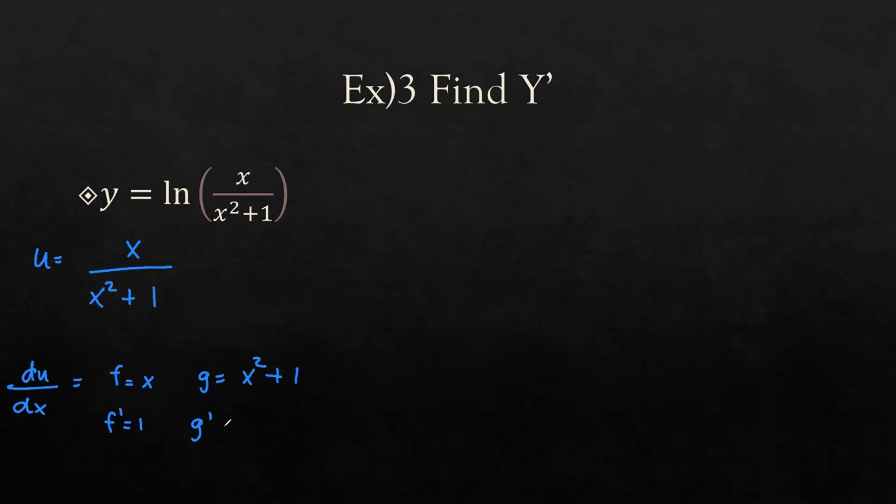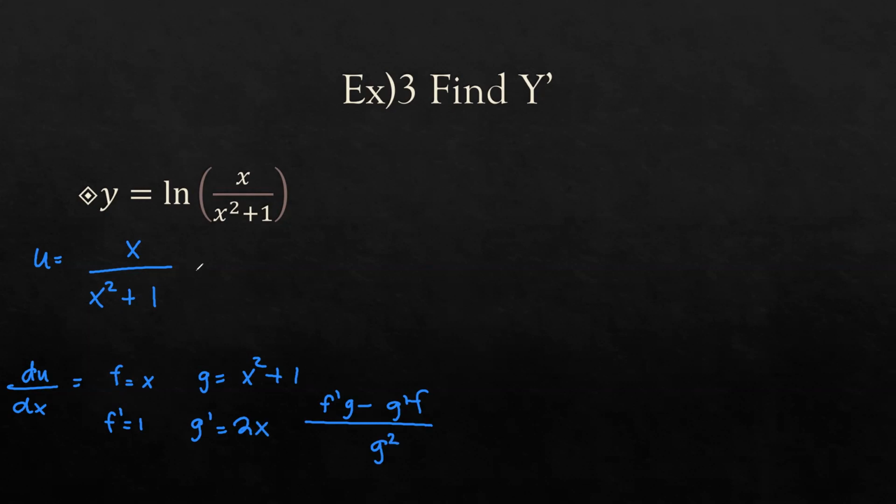My g prime is 2x. The quotient rule, if you forget, I wrote it down: f prime of g minus g prime of f all over g squared.